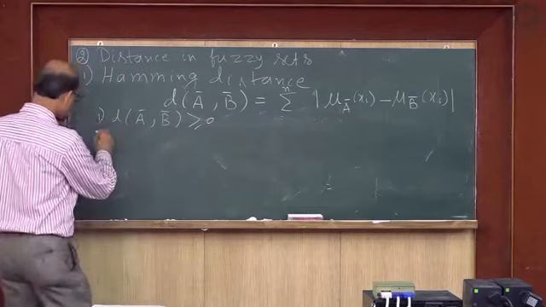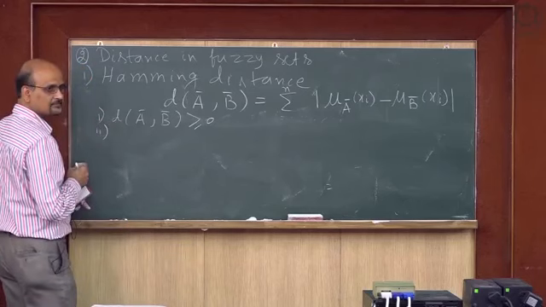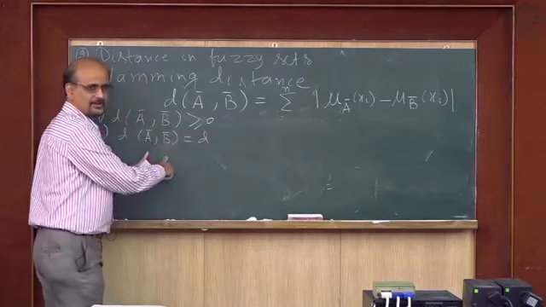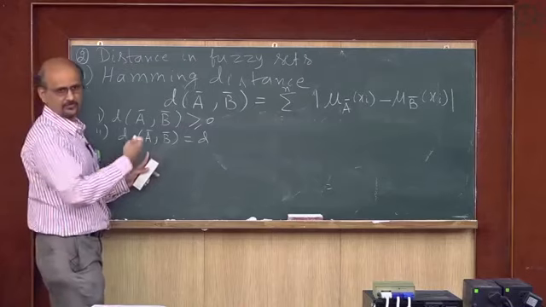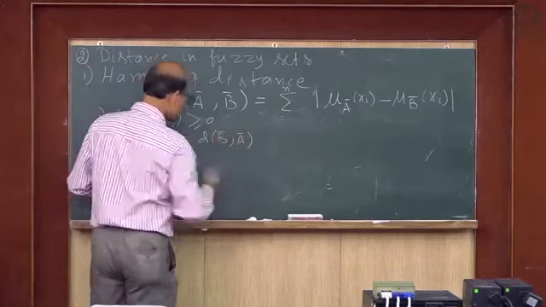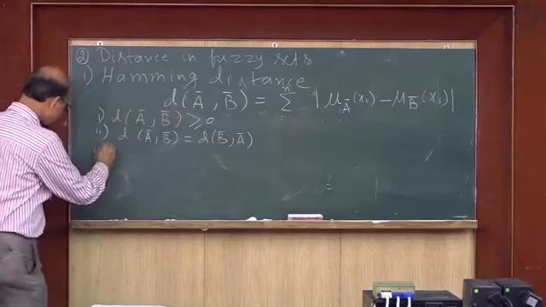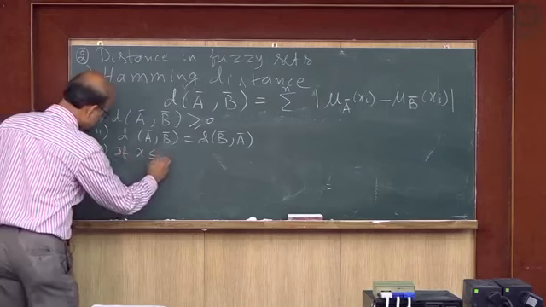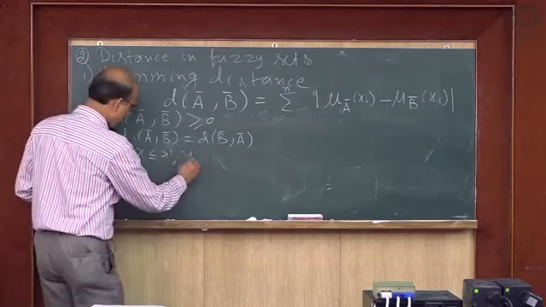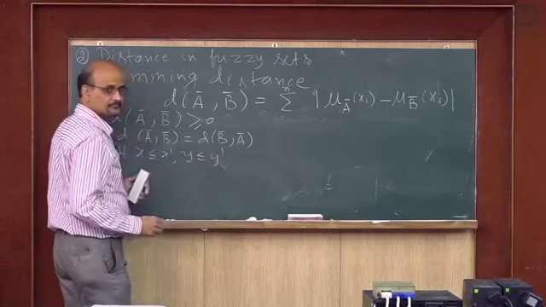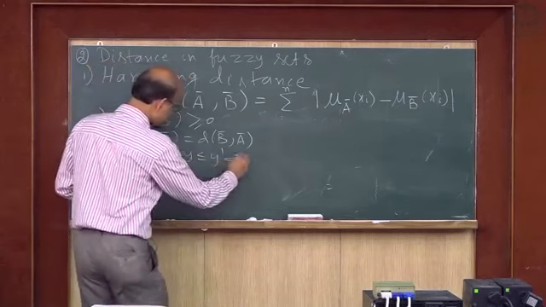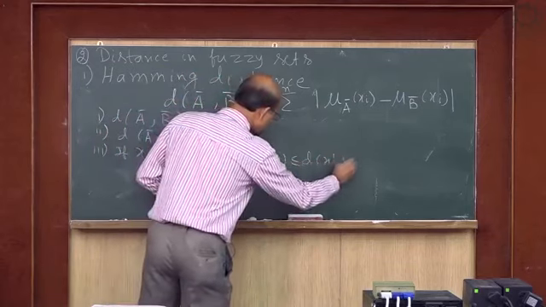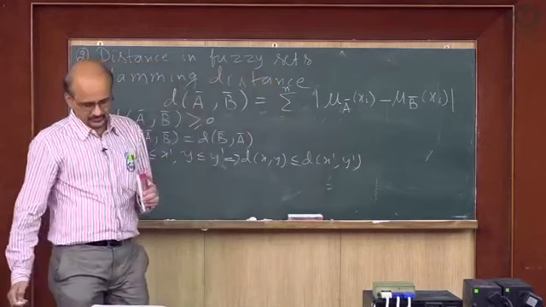Second is commutativity: whatever the distance between A and B, it will be the same between B and A. Third, if x is less than or equal to x dash and y is less than or equal to y dash, then d of x y is less than or equal to d of x dash y dash.